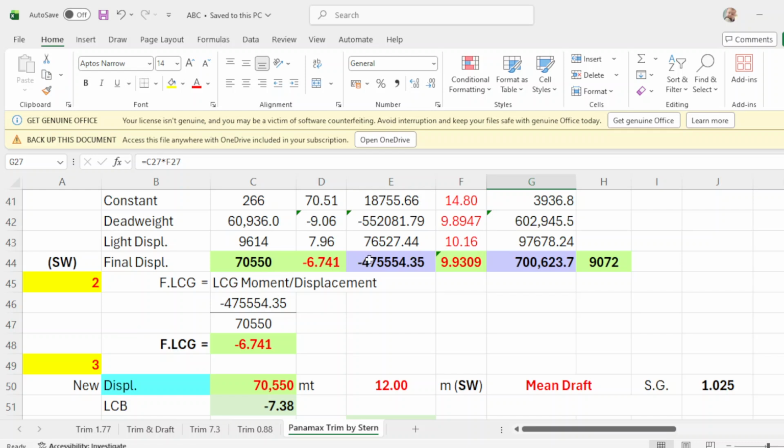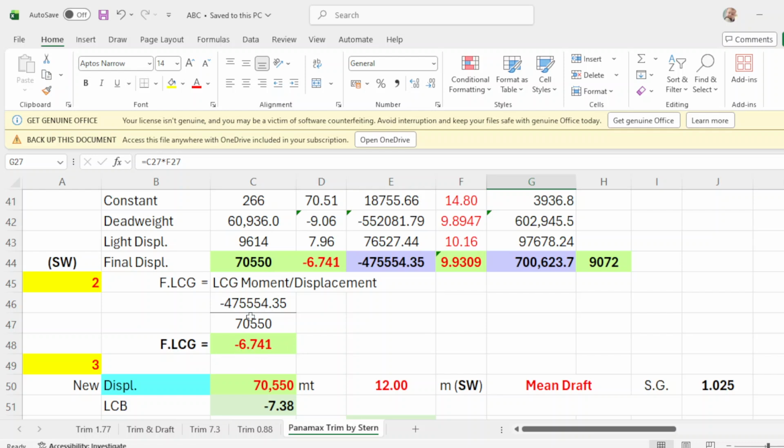That will be computing in salt water. So number 2 is find final LCG equals LCG moment, which is this one, divide with your displacement of this one. That will be final LCG will be negative 6.741.